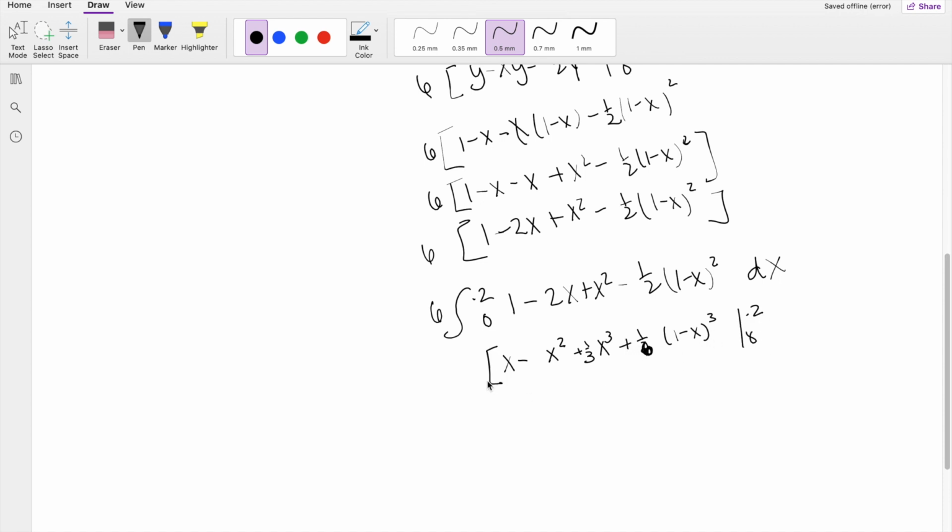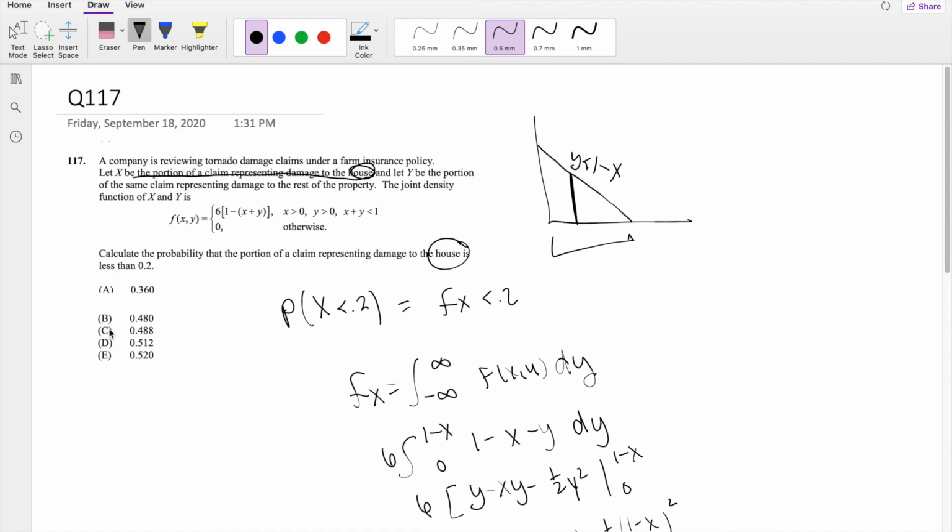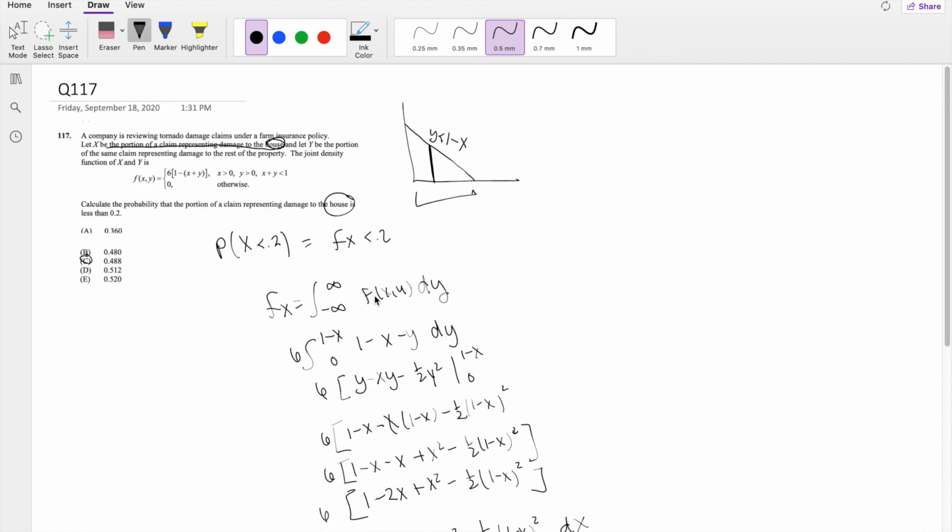Plugging in the upper limit, you get 6 times 0.2 minus 0.2 squared plus 0.2 cubed over 3 plus 1 minus 0.2, so that's 0.8 cubed over 6. And when I plug in 0, everything turns 0 except the last one, negative 1/6, which is equal to 0.488. Our answer is C.